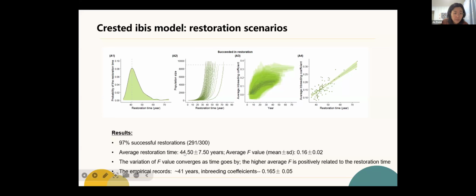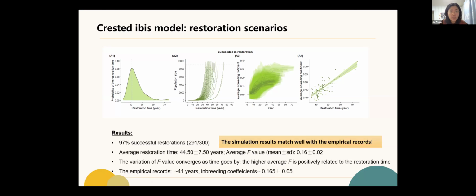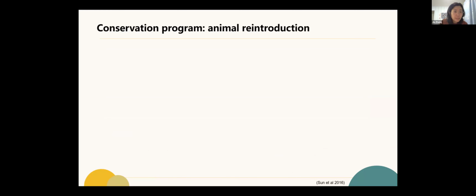And from the simulations, we found 44 years, which is very close to this empirical time. And the empirical inbreeding coefficient is about 1.165, which is also very close to our theoretical outcome of about 1.16. So we would say the simulation results match well with the empirical records.